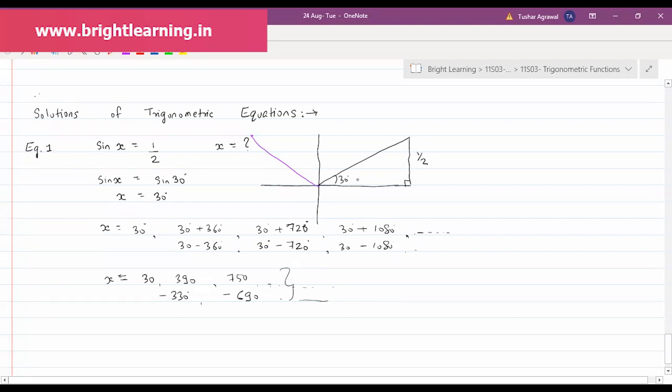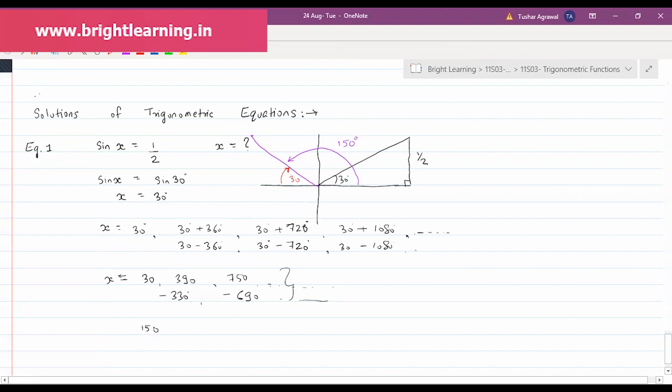This angle, the red one, should be 30, but we are not interested in this 30. If I elevate it from the other side equally, the angle that we are interested in is actually 150 degrees. So x can be 150 degrees also.